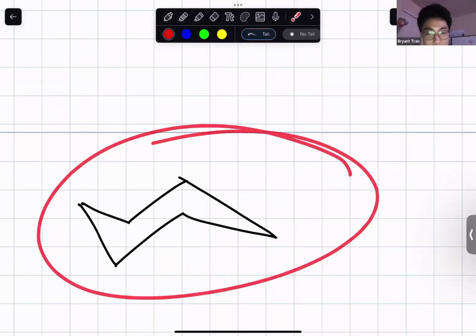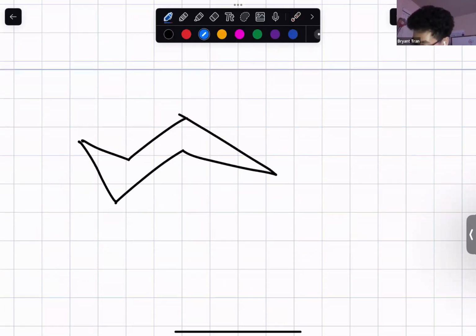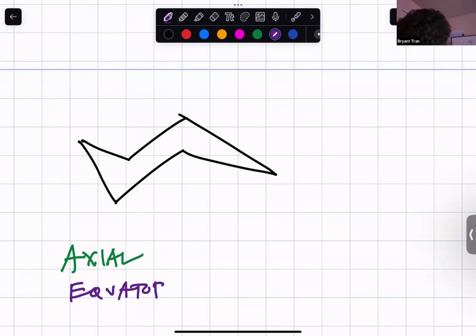Now, there's going to be two types of bonds for chairs: axial bonds and equatorial bonds. Each carbon here is going to have one axial bond and one equatorial bond.